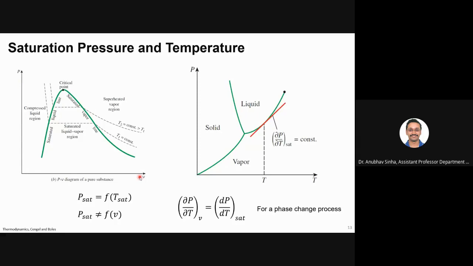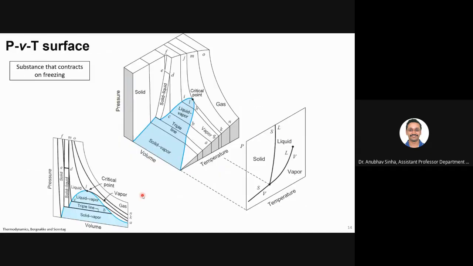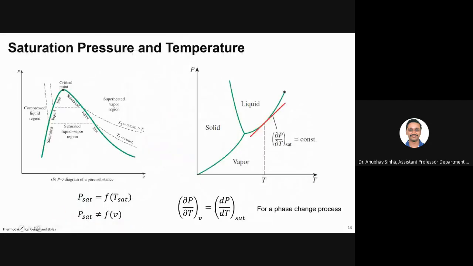Similarly, if you look at a temperature and volume plot, it is not here, but I can draw it. Let us say we have temperature and this is volume.